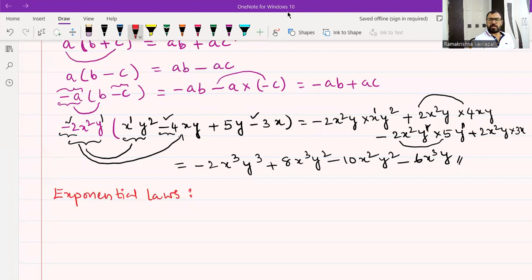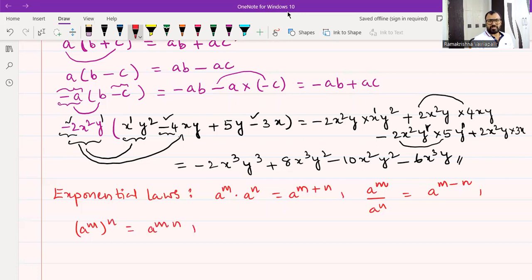To simplify these polynomials, or whenever you are multiplying terms of polynomials, we must follow the exponential laws: a to the power of m into a to the power of n equals a to the power of m plus n, and a to the power of m by a to the power of n we write as a to the power of m minus n. a to the power of m whole to the power of n equals a to the power of mn.